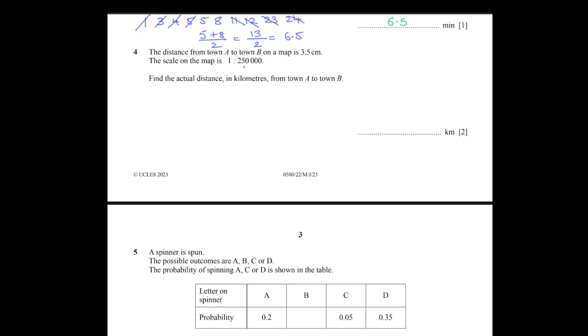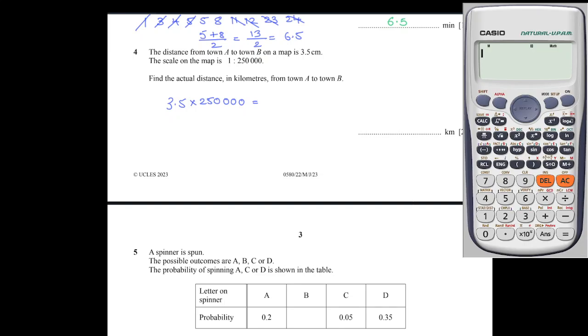So we have to just multiply 3.5 centimeters with this given scale, then convert that into kilometers. So 3.5 multiplied by 250,000. Find out.